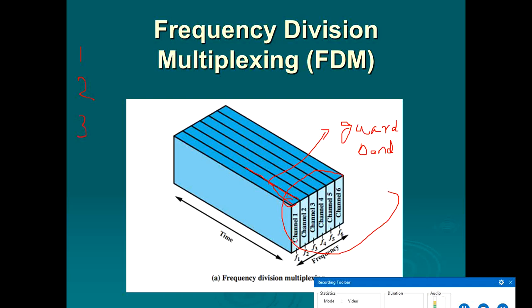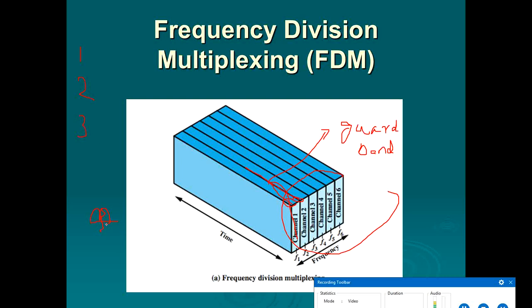For example, this is a signal of frequency 1. It is sent using its own channel 1, and the next is sent using its own channel 2. Now channel 1 and channel 2 are separated by some frequency that is called the guard band. This is the unused portion. Imagine a situation where this signal is sent and a second signal has to be sent. If we don't have some separation between the two channels, the signals will overlap with each other.